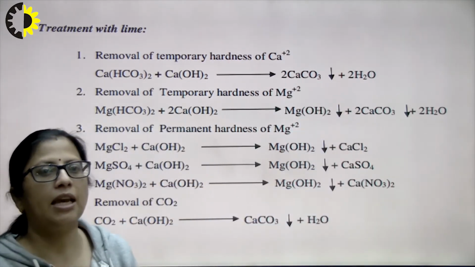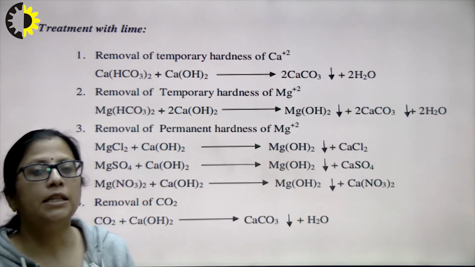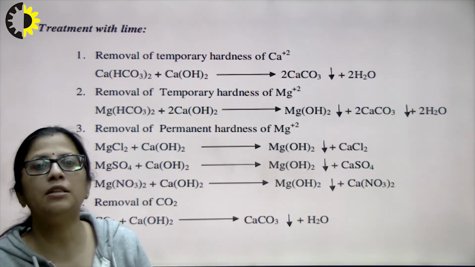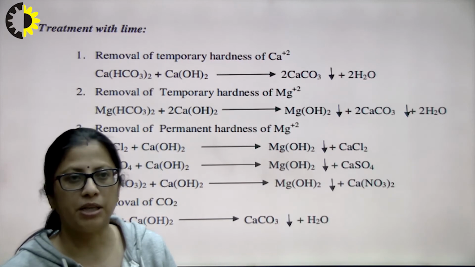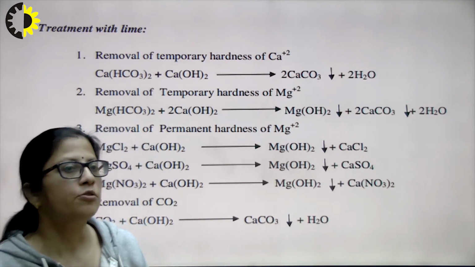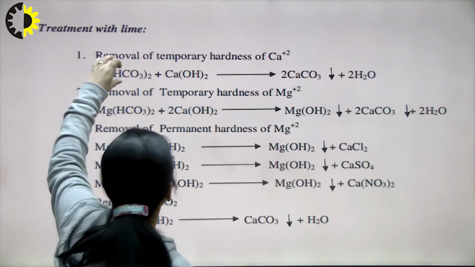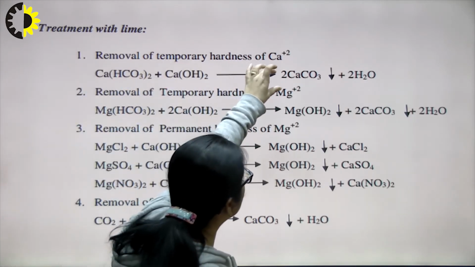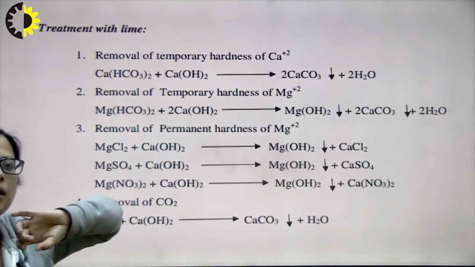Our ultimate aim is to convert the hardness causing impurity into their respective precipitates. So calcium has to be converted into calcium carbonate. By this reaction, the entire calcium which is present is getting converted into calcium carbonate.